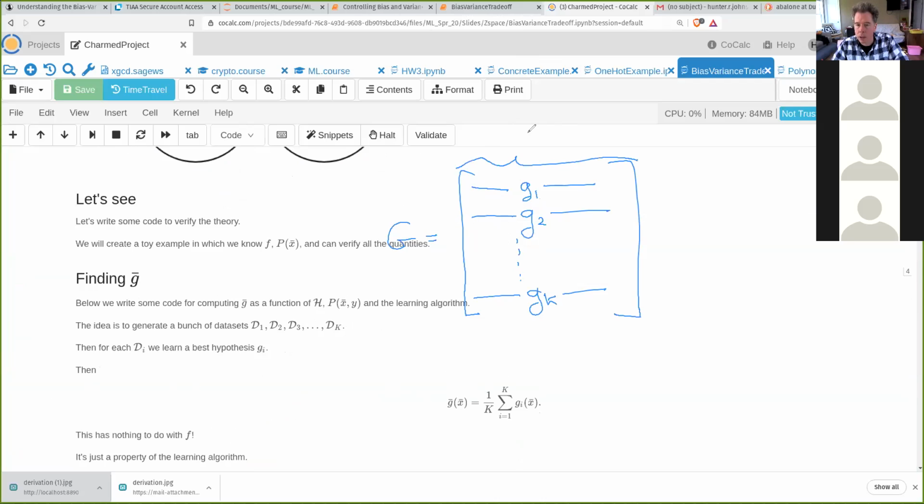The columns are just the domain. So there's one column for each x in the domain of f. So that gives these g's the same domain as f does, so you can average them. So if you just literally do np.mean with axis equals 0, so axis equals 0 means go down, then it just averages all of these numbers, and what you get is G bar.